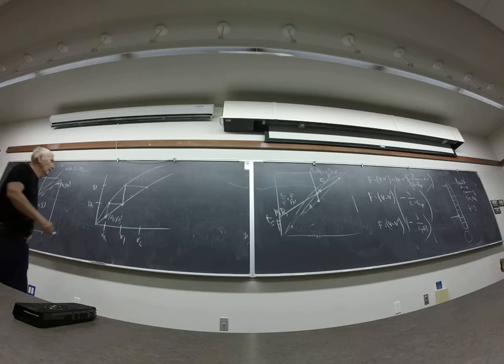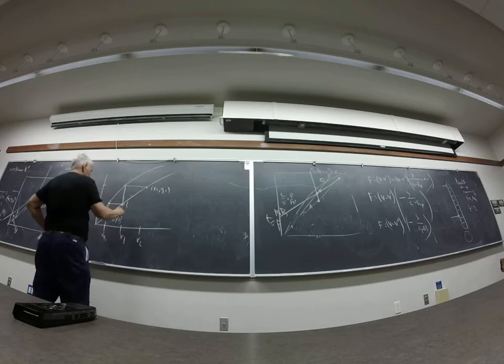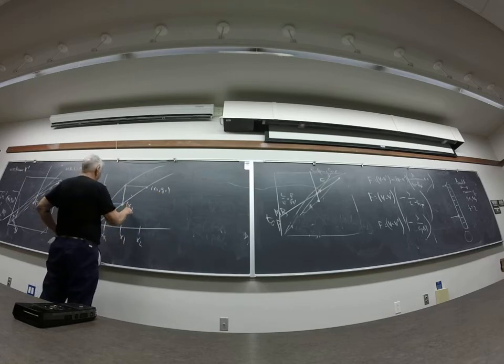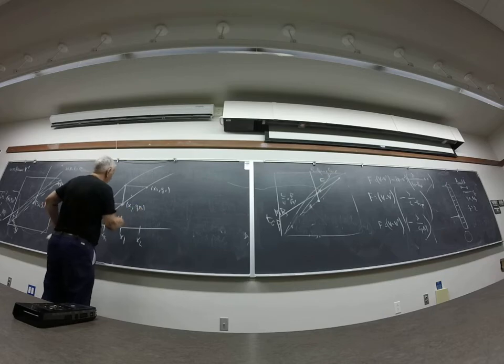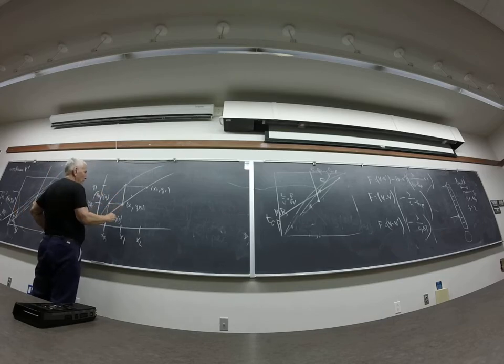So this point here has coordinates X2, Y1. This point has coordinates X1, YB. This point has coordinates XB, YB. This point here must have coordinates X1, Y1, and so on.